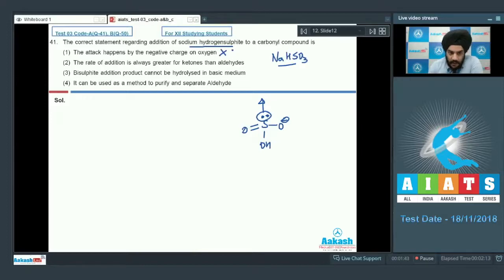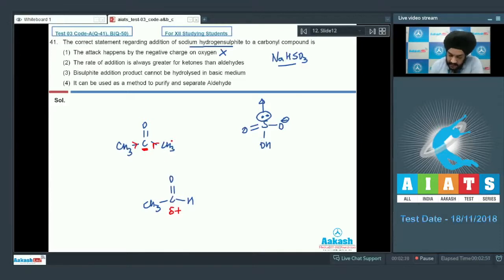If you look at the second option now, the rate of addition is always greater for ketones than aldehydes. Students, this statement is incorrect. If we have a ketone, let's say acetone, and compare it to an aldehyde, let's say acetaldehyde, we know that the aldehyde is more reactive towards nucleophilic attack as there is less hindrance, and the delta positive on this carbon is greater than the delta positive present over here, which is lessened due to the inductive effect of two methyl groups attached.